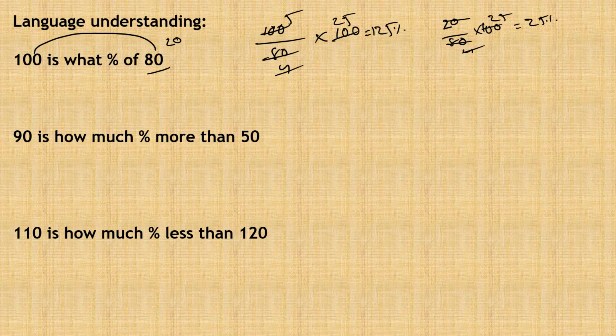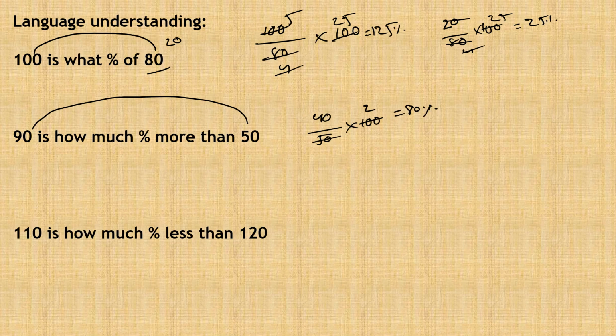You can see clearly that it is 125% of 80. 90 is how much percent more than 50? That is 40 more than 50, compared with 50 into 100 percentage. 5 2s are, that is 80% more in terms of percentage.